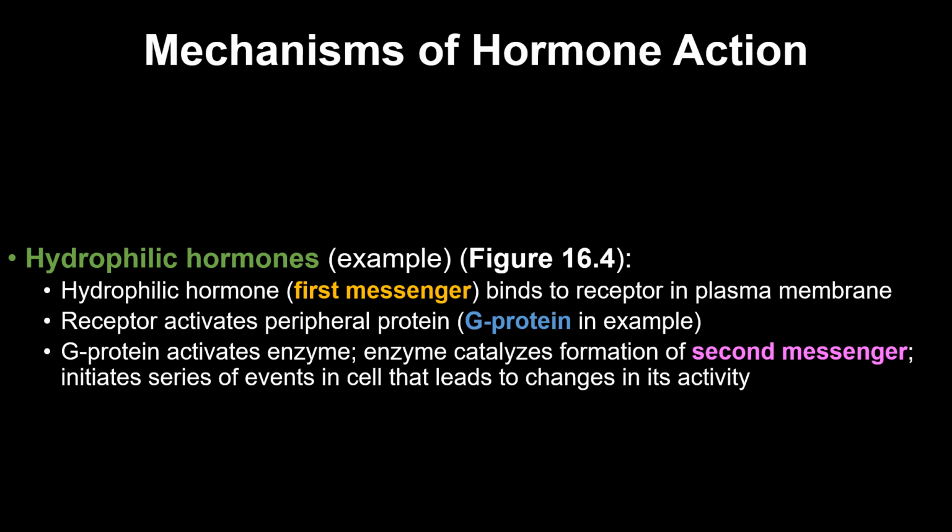Now, several types of mechanisms can be set in motion when a hydrophilic amino acid-based hormone binds with the cell surface receptor of its target cell. One such mechanism is a second messenger system. In these systems, the hormone binds to its receptor, and this activates one or more proteins associated with the plasma membrane, beginning a cascade of enzyme-catalyzed reactions.